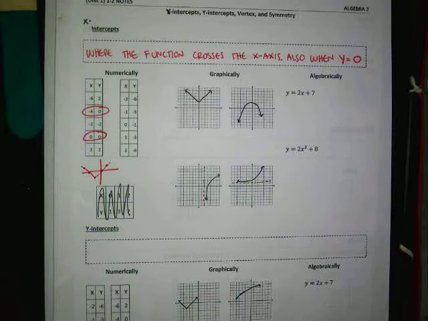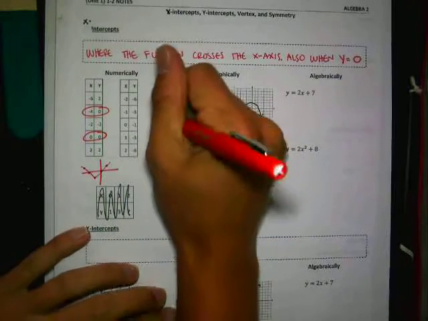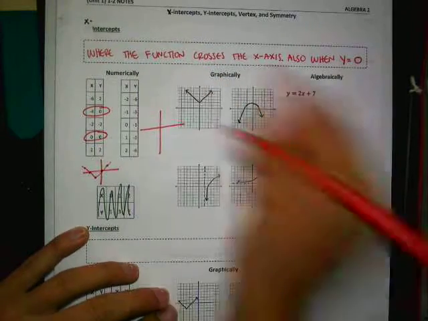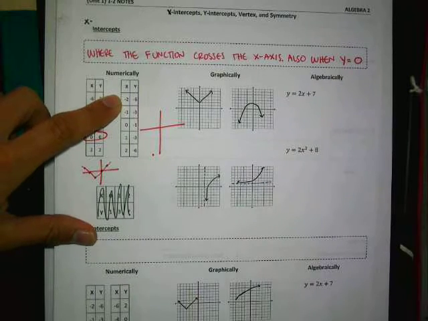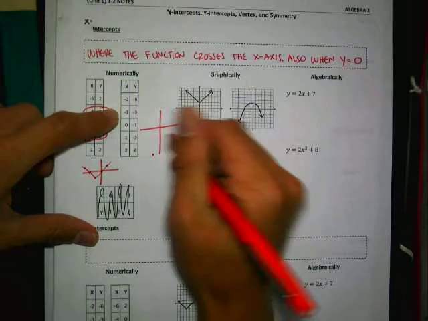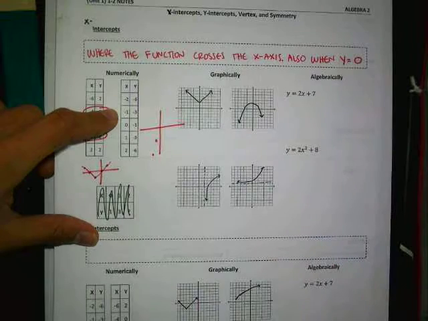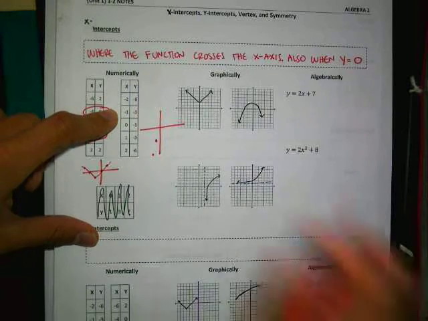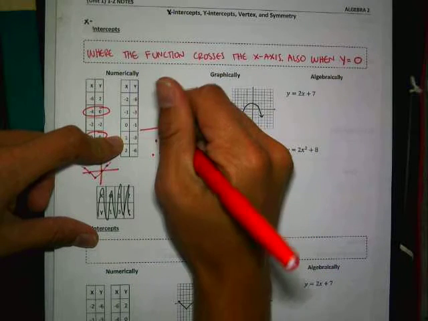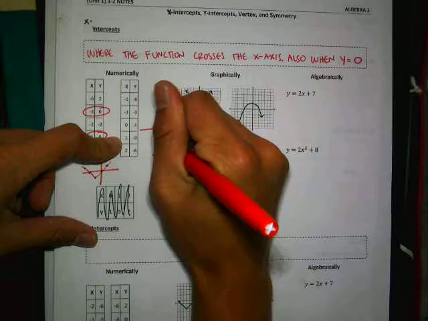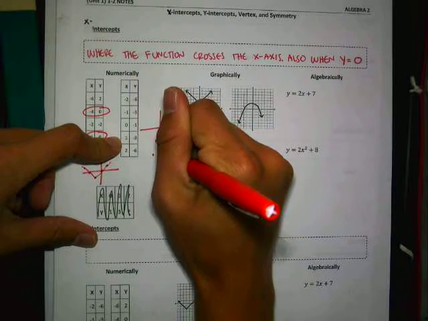So, like I said, plot your points just to make sure you're not missing anything. -2, -6, -1, -3, 0, -1, 1, -3, and 2, -6.